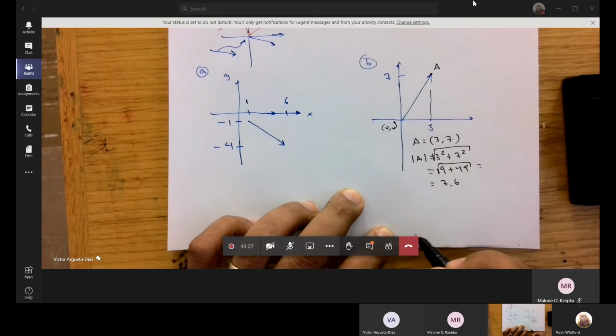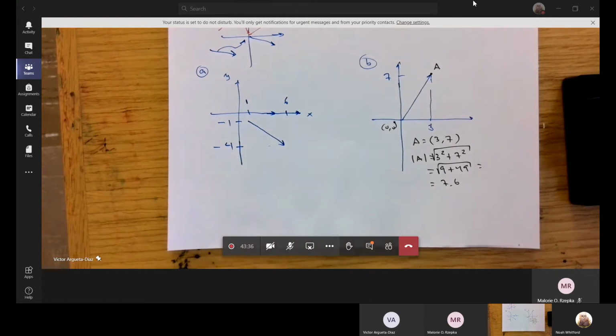Okay, I got 7.48. You got what? The square root of 56, I got 7.48. No, it's 58. Yeah, it's 58. 7.6.